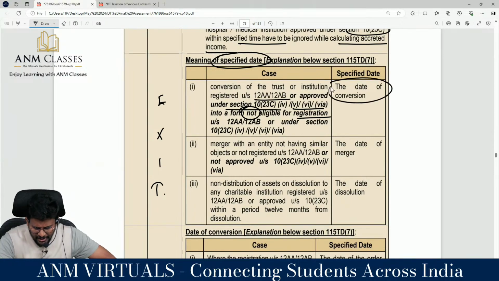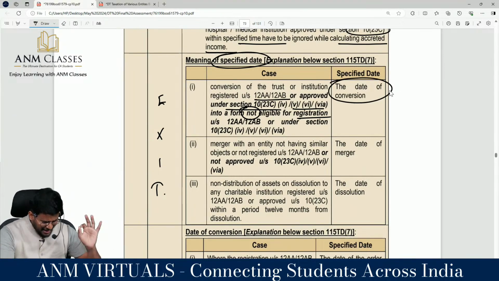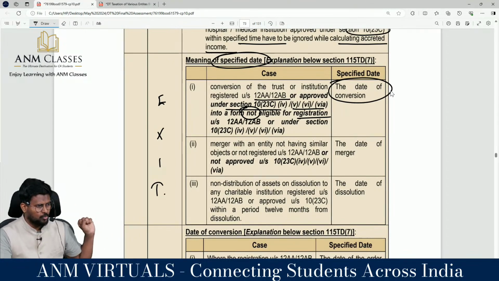Then the specified date is the date of conversion. On the day you got converted, on that day you have to calculate accreted income.